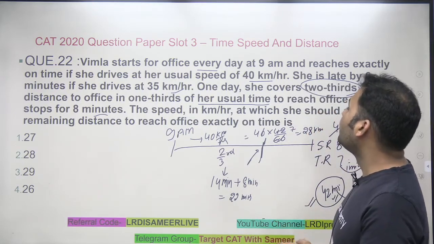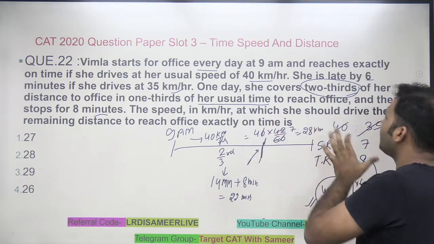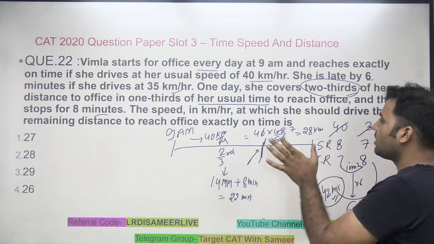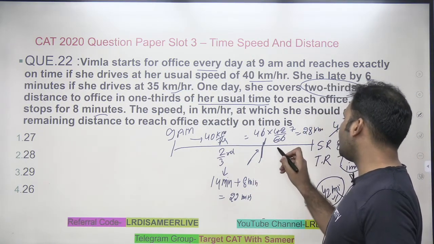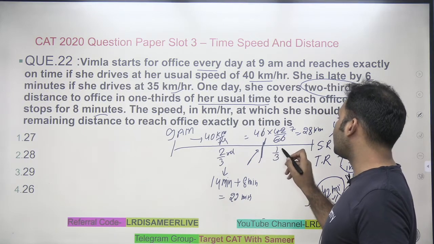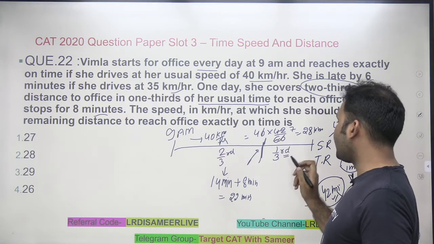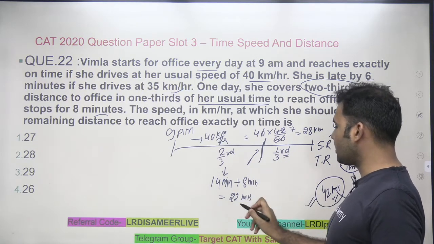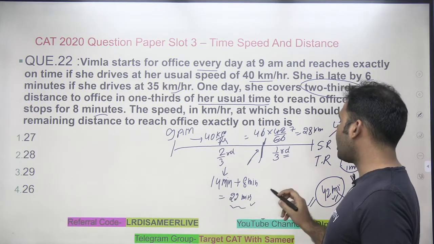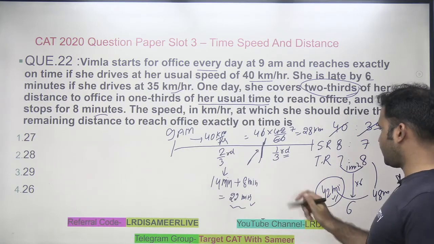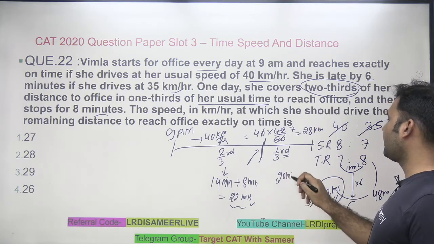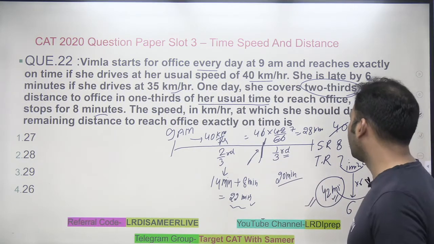Now, the speed at which she should drive the remaining distance to reach office exactly on time. Now see that she is left with 1/3 of the distance, right? And for that 1/3 of the distance, she has only 20 minutes, right?